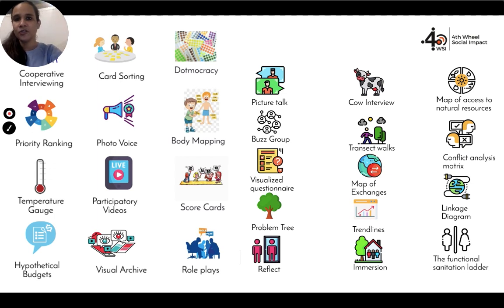What are the top 3 things you would invest in to improve your living conditions at this construction site? So we gave them a hypothetical budget of 10,000 rupees and asked them to identify 3 key needs.